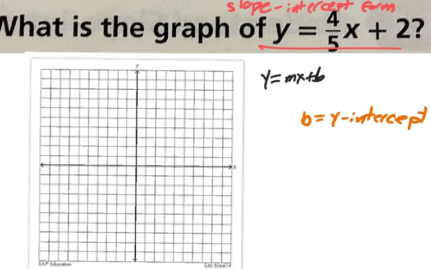You're correct. So all a y-intercept is where my line crosses the y-axis. That is my y-intercept. Sweet. What else do we know? Anything?